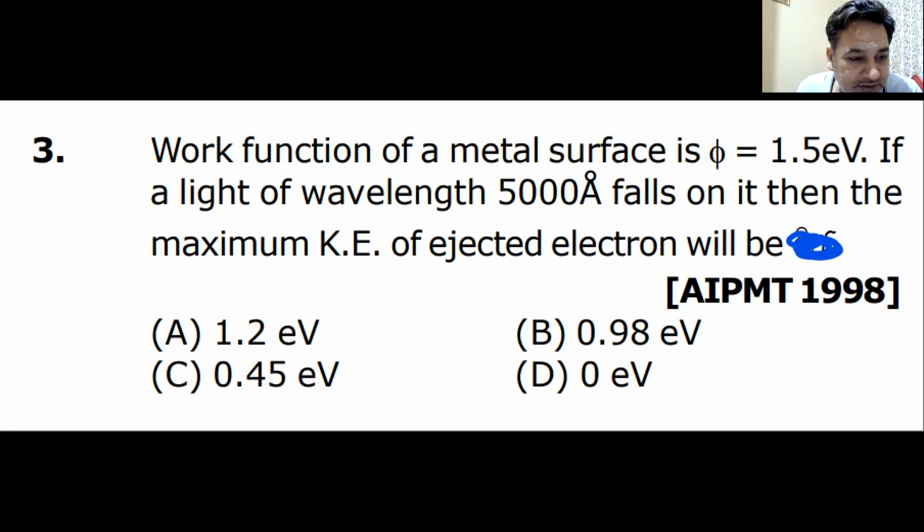This is question number 3, and the answer is B, 0.98. The answer is given as 0.98 in my answer sheet. How did you get it? How do you get 0.45?